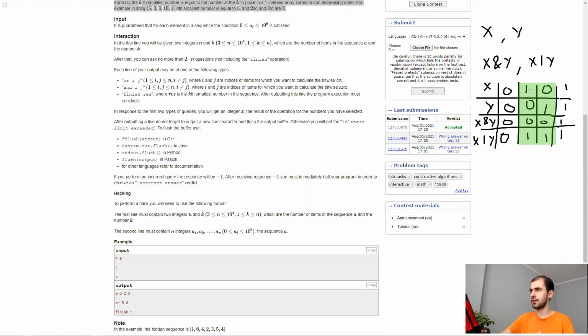That's not very nice, but still. Another way to put it is that sometimes people say that we know the sum of x plus y, because that is the same as the sum of x and y plus x or y, bitwise of course.